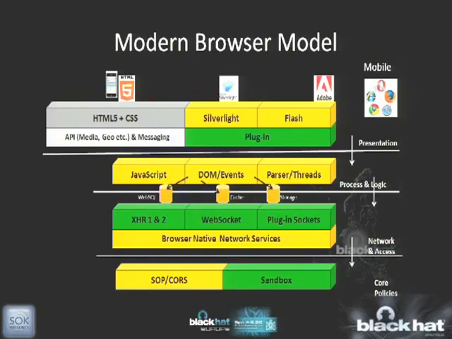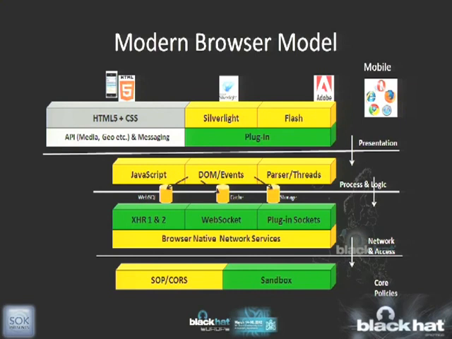So what would a modern browser architecture look like? You have 4 distinct layers, and HTML5 has a significant impact on each of these layers. The first one is definitely core policy, where you have a sandbox policy, which is new in HTML5, and then you have CORS. CORS is the cross-origin resource sharing policy, which is a top-up of SOP, that is the same origin policy.